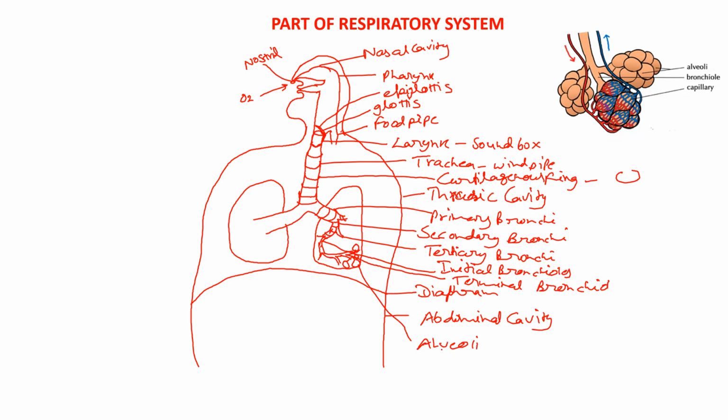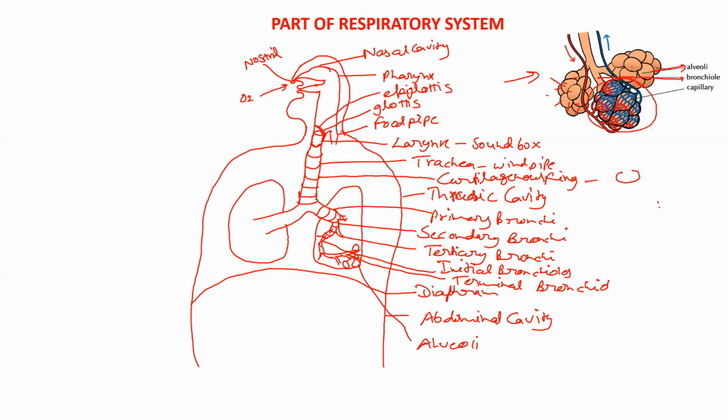And alveoli are surrounded by blood capillaries. Here in this picture, you can see this is the bronchiole, okay? And these are the alveoli, these bag-like structures, okay? These are alveoli and they are surrounded by blood capillaries.